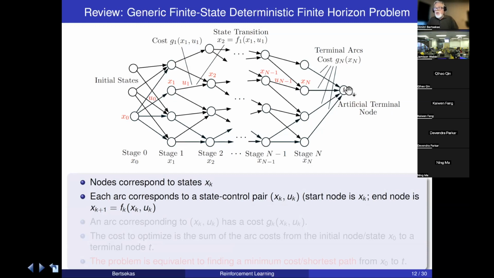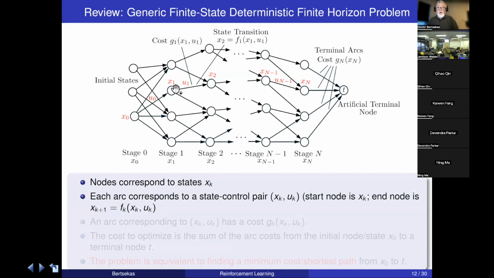So for a typical trajectory of the system, you start at x0, you select an outgoing arc, which corresponds to a control u0, and end up at x1. Select another arc, go to x2, and so on. And we obtain a trajectory that ends up at the termination node.